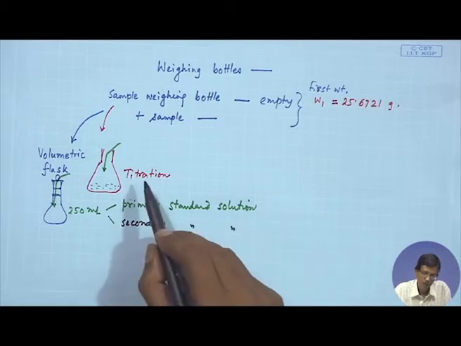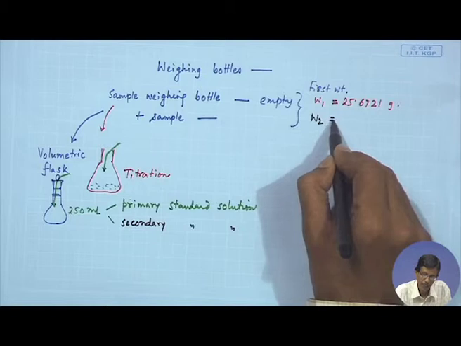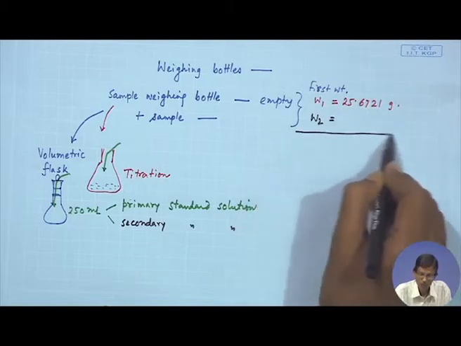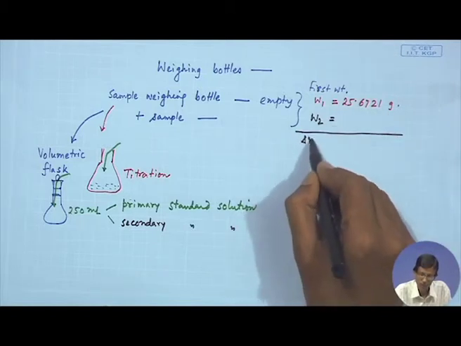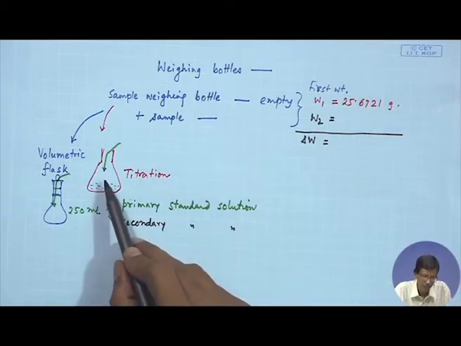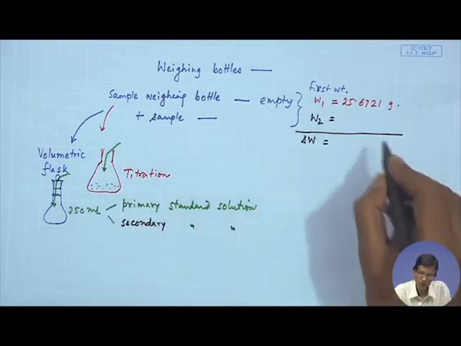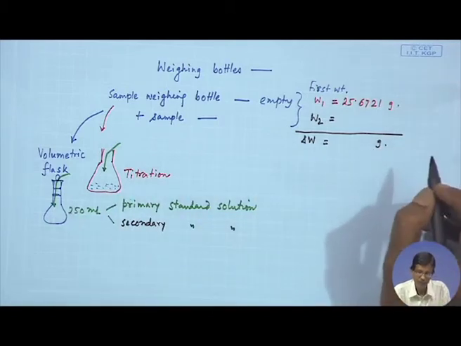So, what you can see from here is that you have W1, then you get W2, because the difference between these two will give you the delta W, which is actually being transferred to all these flasks. That means, we should know the weight nicely.